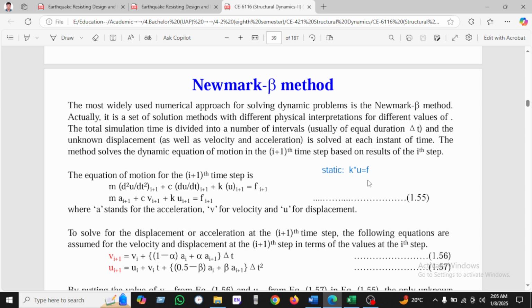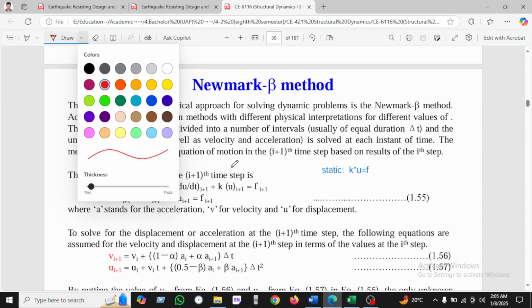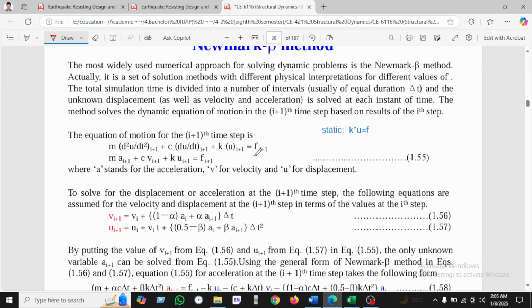So we know the static equation K U equals F. K is stiffness and U is displacement, and F is force. So force equals stiffness times displacement. But in the dynamic portion, additional terms are added.